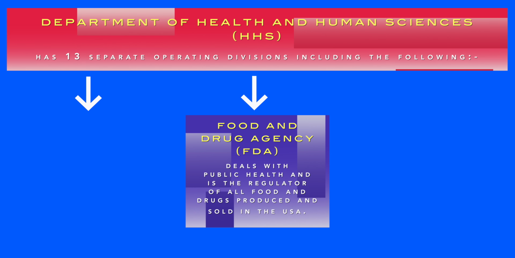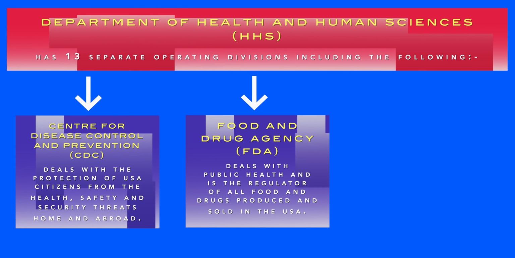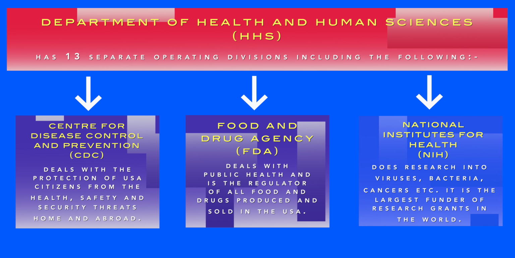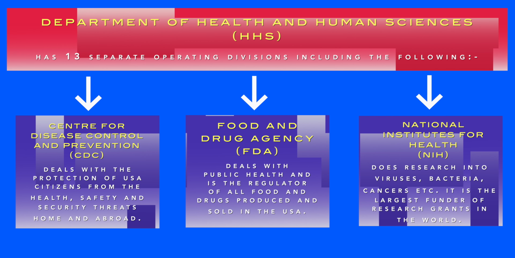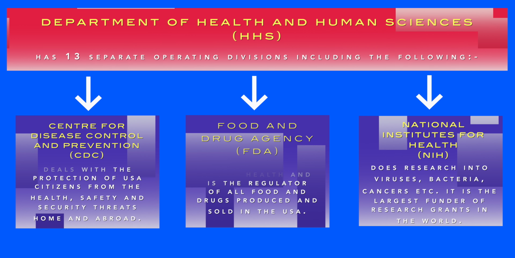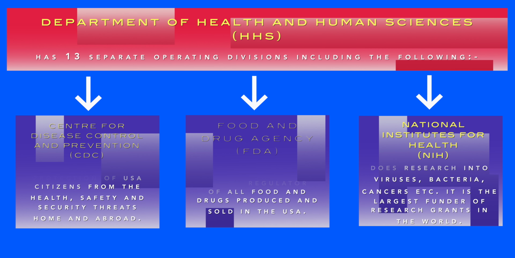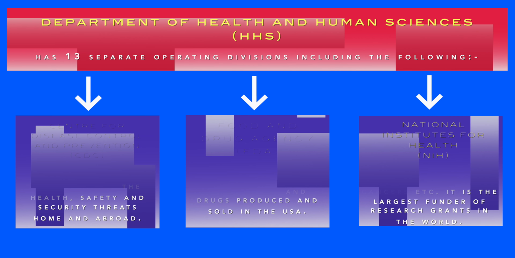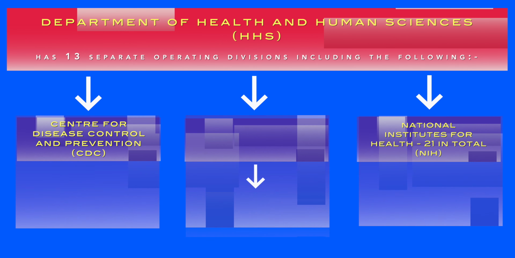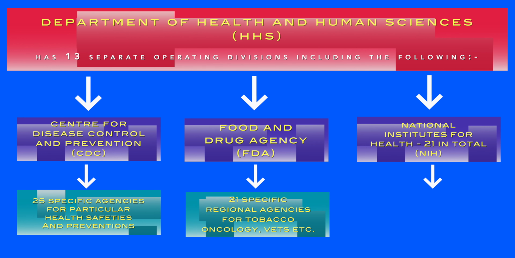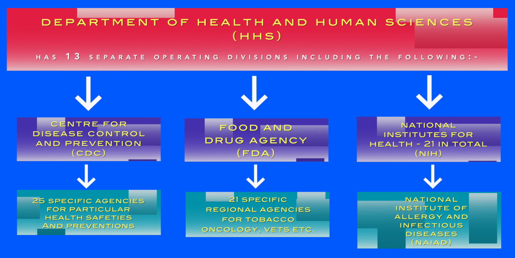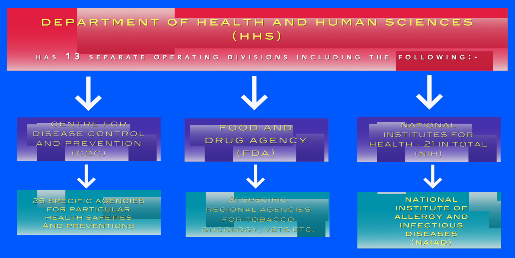And here we'll just show you that they have the overarching Department of Health and Human Services, and there are 13 separate operating divisions, including the Food and Drug Administration, the Centers for Disease Control and Prevention, and also the other one that we've mentioned, more particularly and in more detail, the National Institutes of Health, and that's the one that a subdivision of it, the National Institute of Allergy and Infectious Diseases, is the one that Dr. Fauci had a fundamental control of.